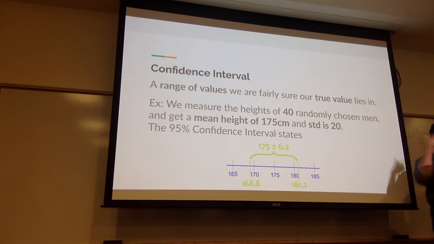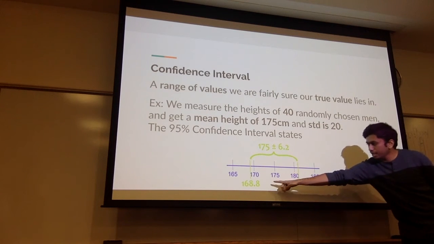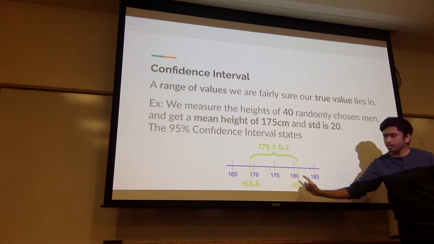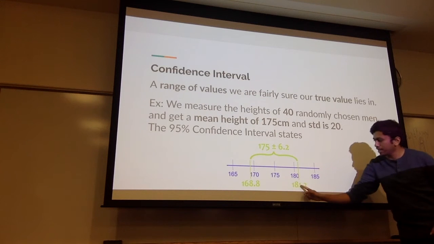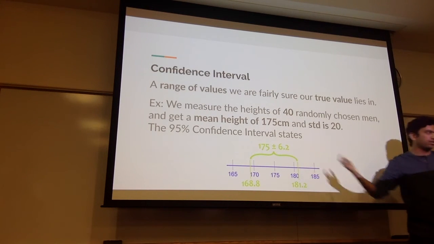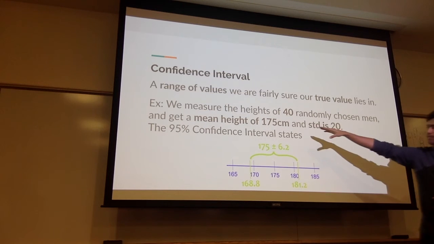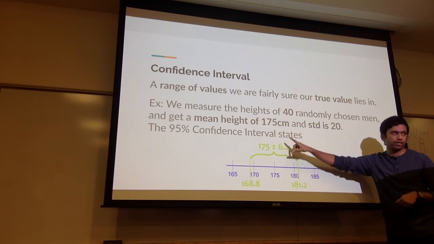Then I'll go to the next, then the next. Likewise, I do hundreds of experiments. Among 100, in 95%, we are getting a mean between these two ranges. It is between 168.8 and 181.2. So this is my margin of error. This is the confidence interval. 95% of the time, in my 100 experiments, the mean is 175 centimeters with this margin of error.